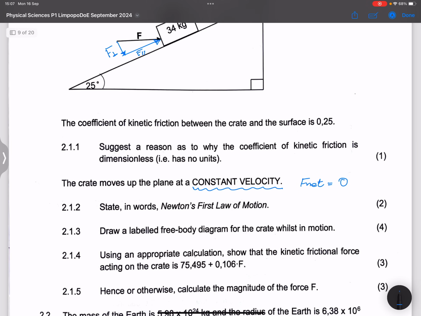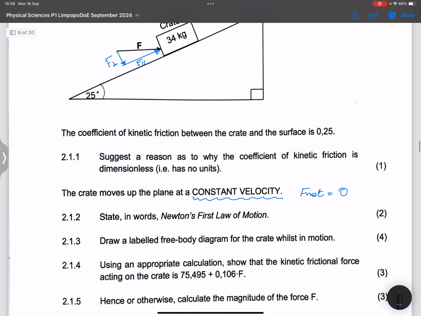Now they say state in words Newton's first law of motion. Remember, it says that a body will remain at rest or in constant motion in a straight line unless it is acted upon by a non-zero set of forces, or an unbalanced set of forces.